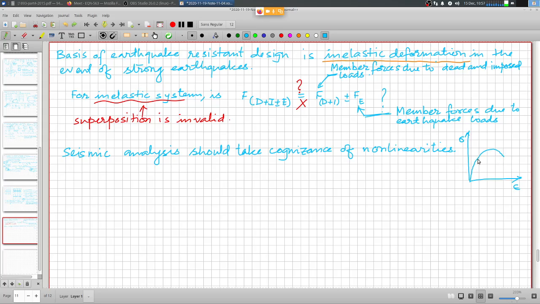So if the stress strain curve of concrete is non-linear, what are the implications?